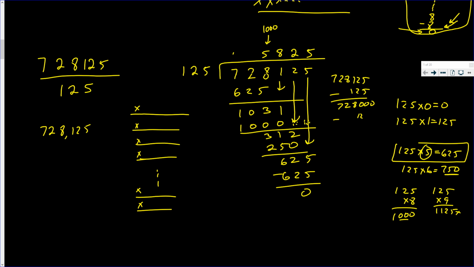Then you take away another 125 books. So you have 728,000 or 875. And you put 1, 2, 3, 4, 124, 125 books. And you keep doing this. You keep doing this.